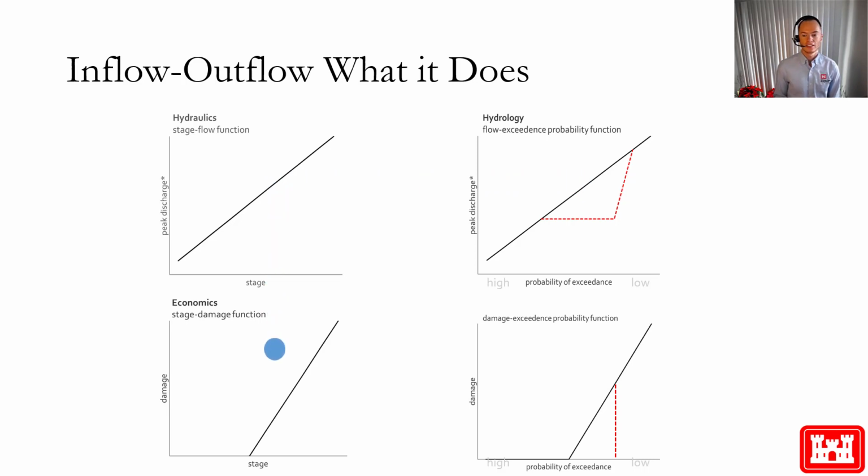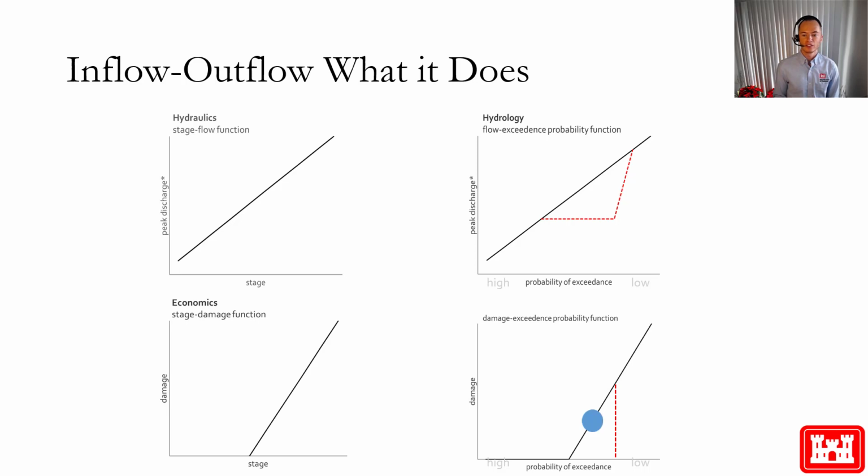The identified stage corresponds to a level of damage on the stage damage function, and relating this level of damage to the probability of exceedance from the flow exceedance probability function gives us a probability that the level of damage is exceeded from the damage exceedance probability function.